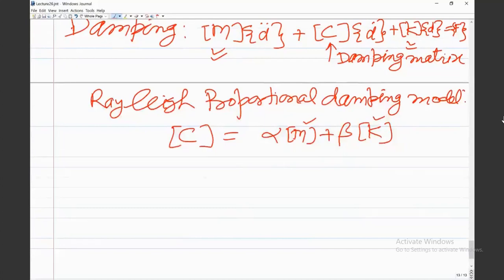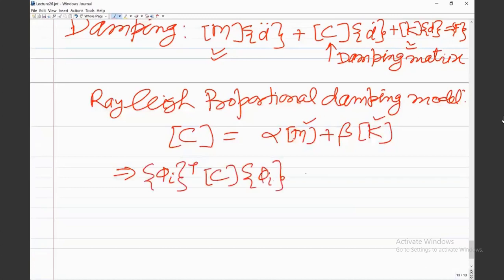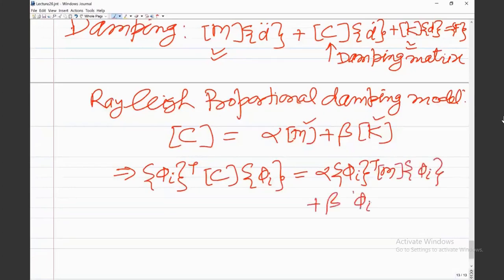Now if you pre-multiply this whole equation by phi i transpose and post-multiply by phi i, we get phi i transpose C phi i equal to alpha times phi i transpose M phi i, plus beta times phi i transpose K phi i. So this is what we will get.